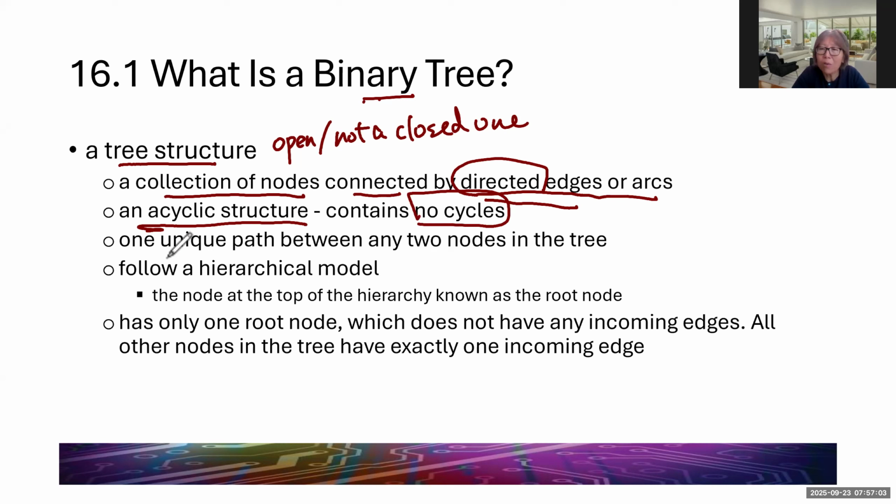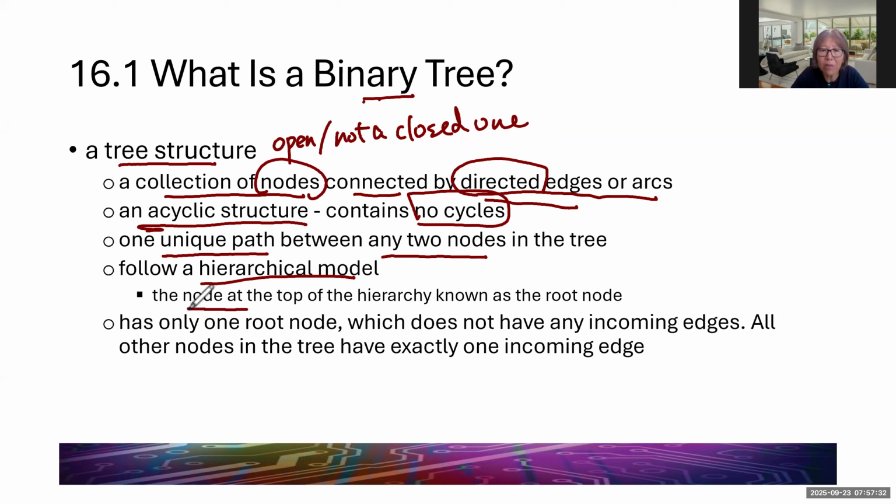Also, there is only a unique path between any two nodes. And a tree structure is a hierarchical model, which means there is some hierarchical relationship between the nodes. So there are parent node and child node concepts.